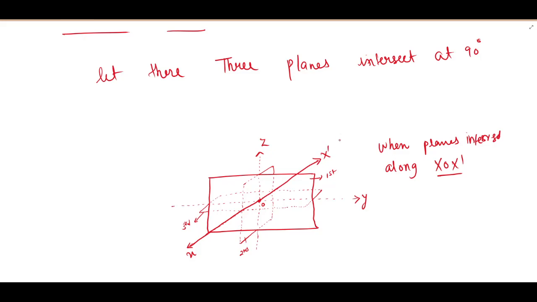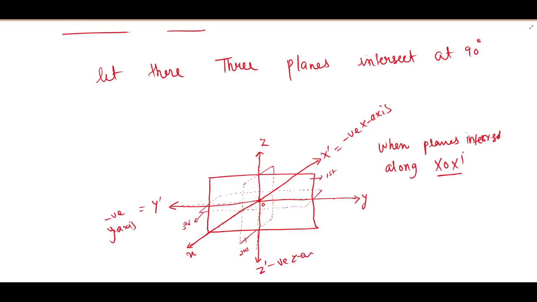So x dash is the negative x-axis. Similarly, we have the z-axis, this is the positive z-axis, and this is the negative z-axis, that is z dash. And along y, this is y, and this is y dash, the negative y-axis.